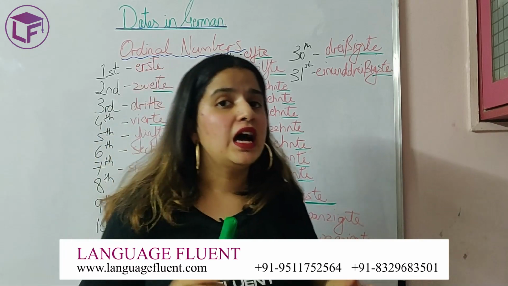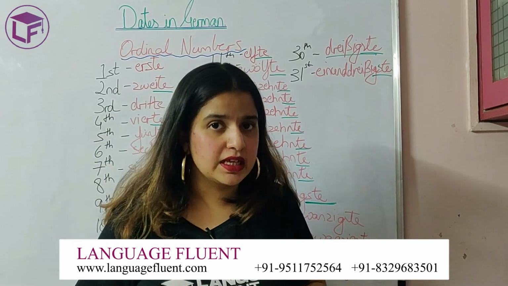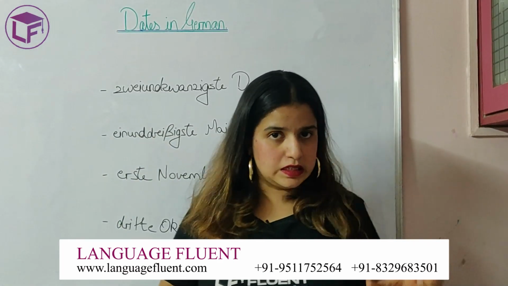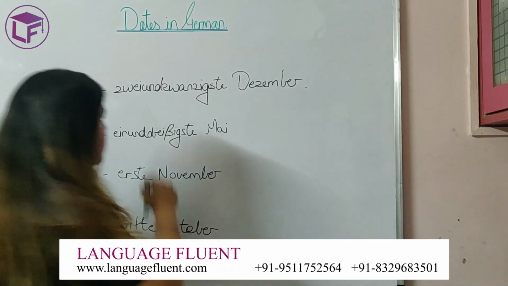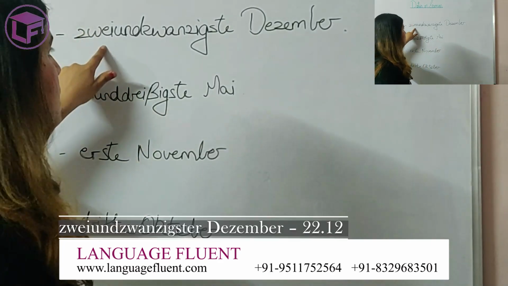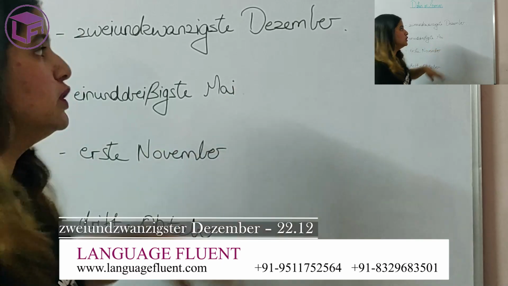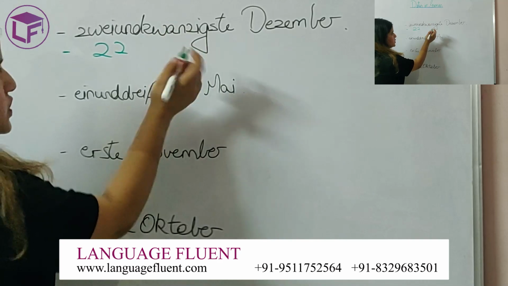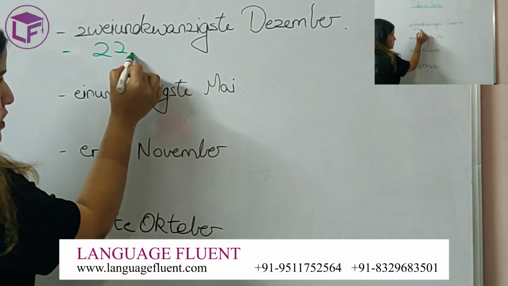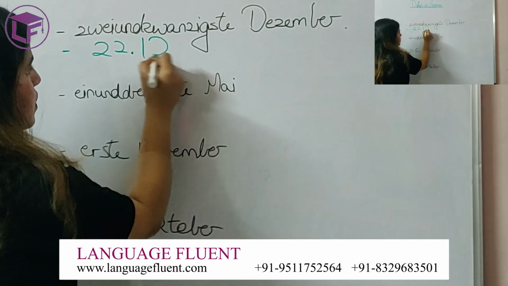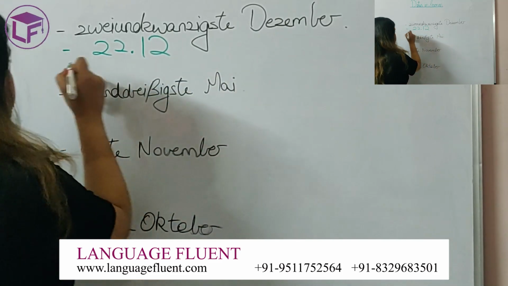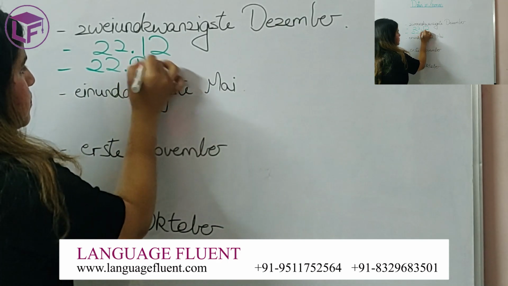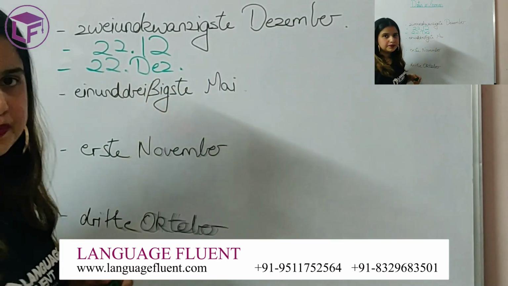Now let's look at how to write these dates in numerals. First let's take 22 December. Either we write 22. 12., or 22. and this dot is important, December.